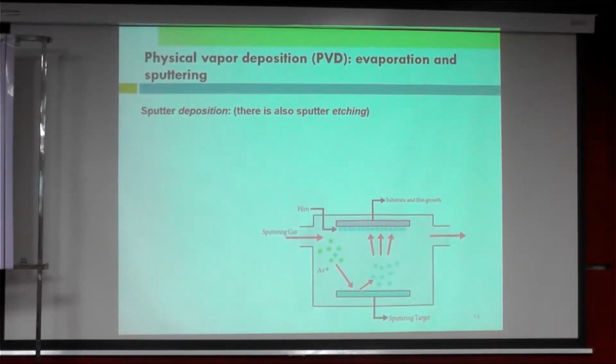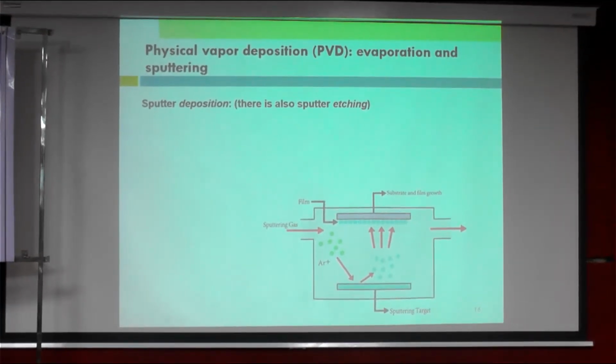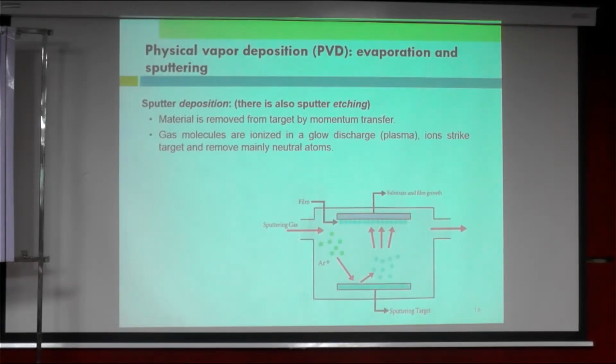For sputter deposition, there is also sputter etching. For the process itself, material is removed from the target by momentum transfer. Basically, you have your gas, then the ions of this gas bombard the target, energizing the molecules so you can deposit on the substrate.